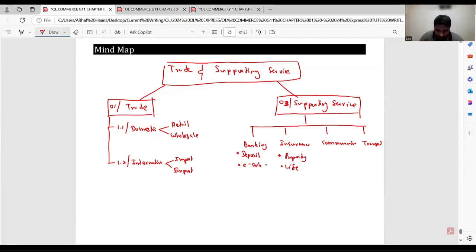Then we move to communication: internal, external. Then transportation. We learned the elements: way, medium, power, terminal.